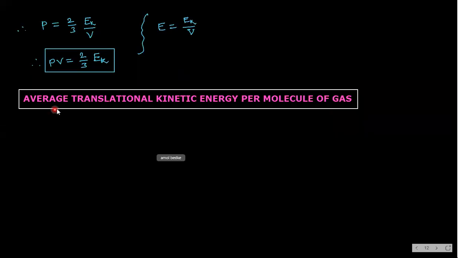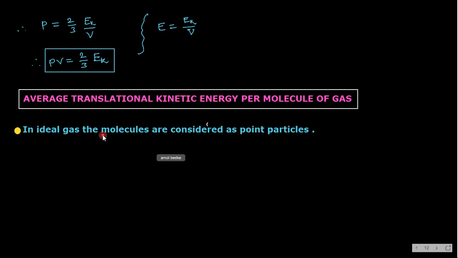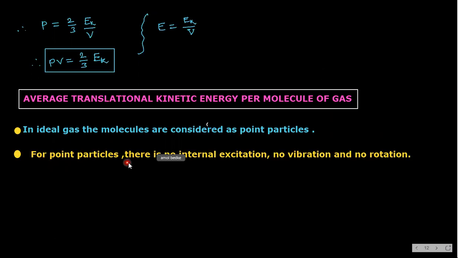Okay, let's move ahead. Average translational kinetic energy per molecule of gas. So in an ideal gas, the molecules are considered as point particles. For point particles, there is no internal excitation, no vibration, and no rotation. What are the point particles?